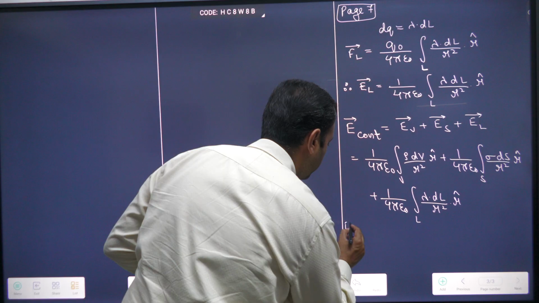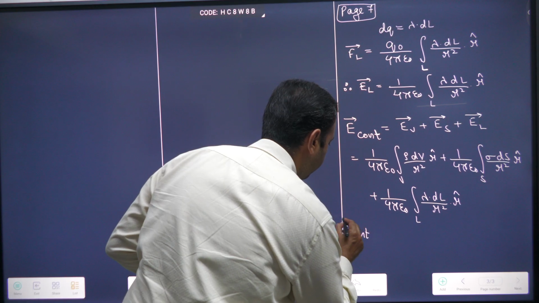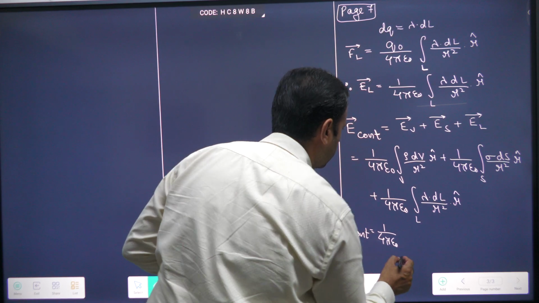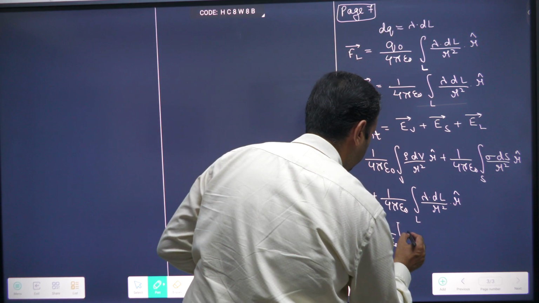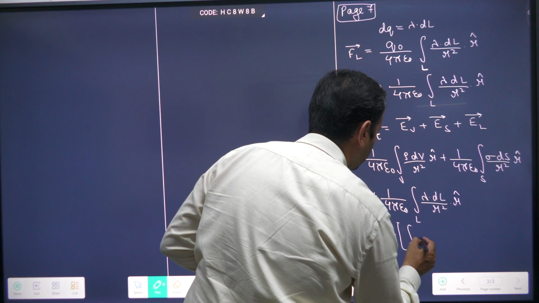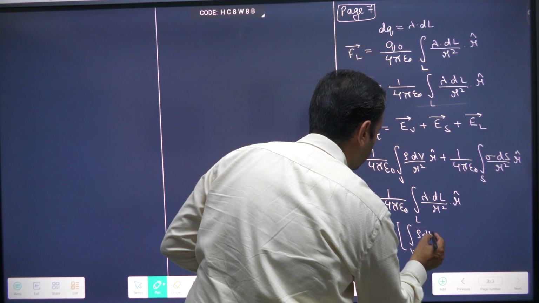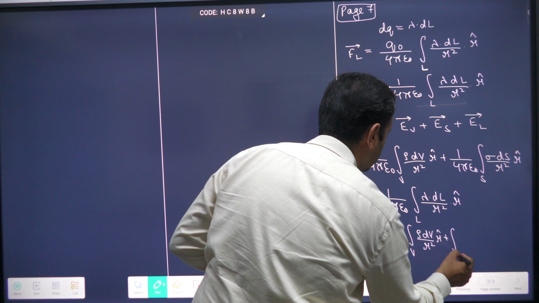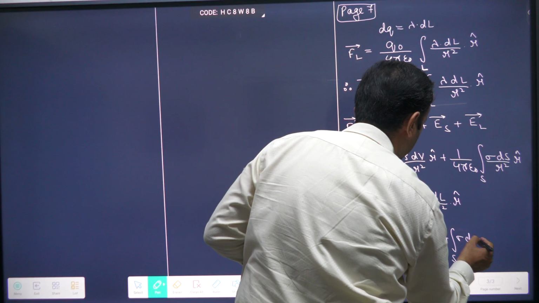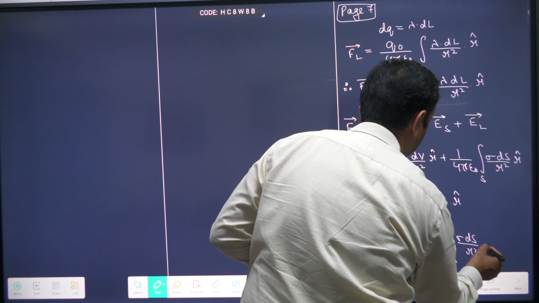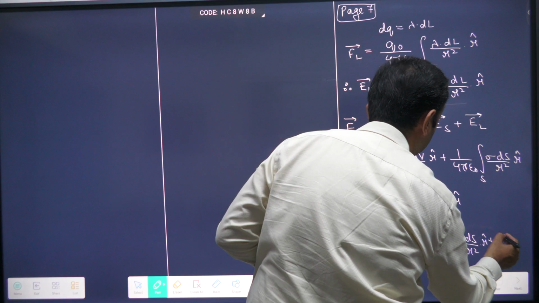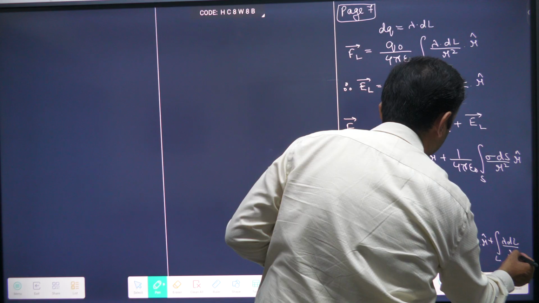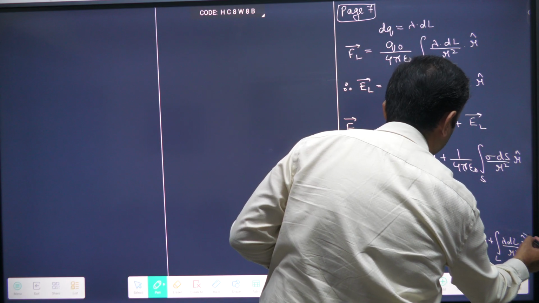So E cont will be 1 upon 4 pi epsilon naught times volume integral rho dV upon r square r cap, plus surface integral sigma ds upon r square r cap, plus line integral lambda dl upon r square r cap.